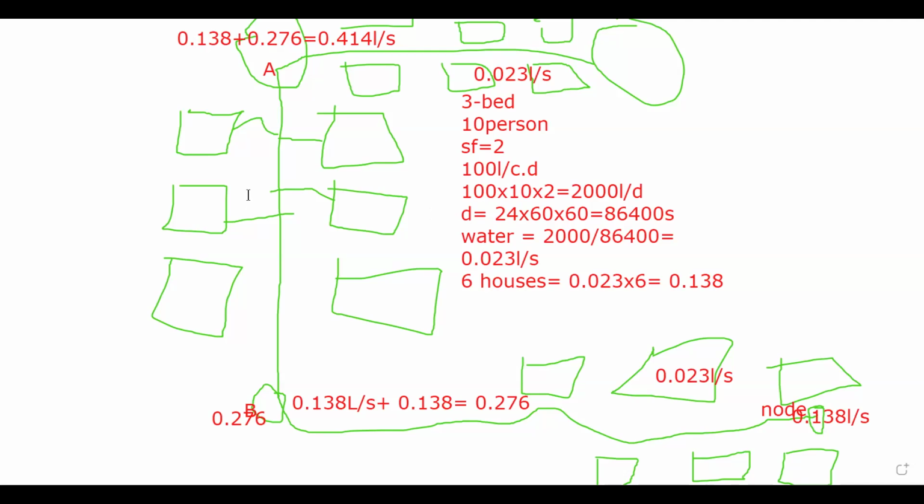Yes, sir. From what I understand, when you're designing this system, it's better to start from the downstream so that as you keep going up, you know the consumption from the tank size. Yeah, you know the biggest tank size. Yes.